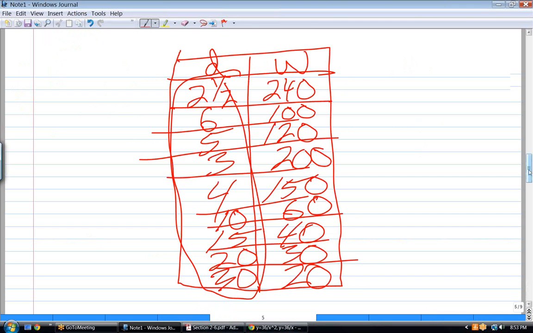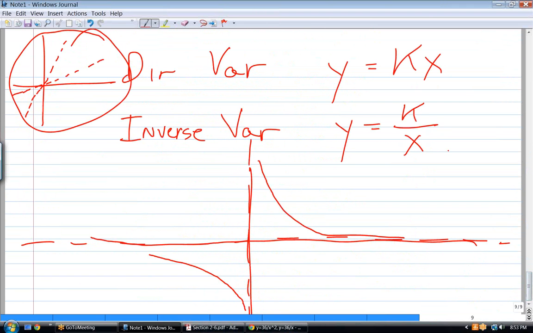If I were to graph k over x minus 1, I don't think that qualifies. You would not be able to say that y varies inversely with x. It varies inversely with the quantity x minus 1.